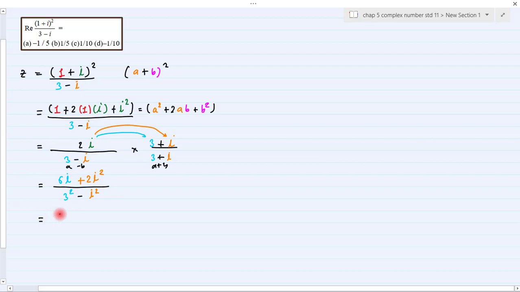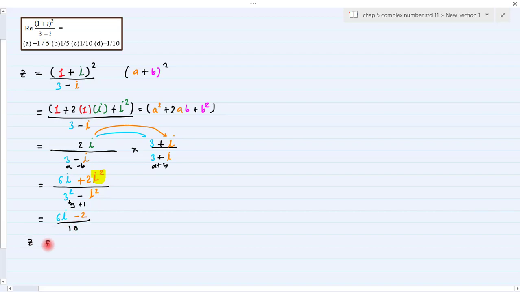So here we'll get 6i, and this i square will become minus 1. So here we'll get minus 2 upon 3 square will be 9, and this i square will be minus 1. So we'll get 9 plus 1, or we can say 10.